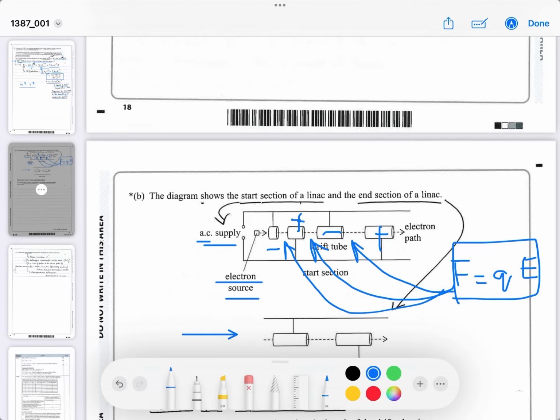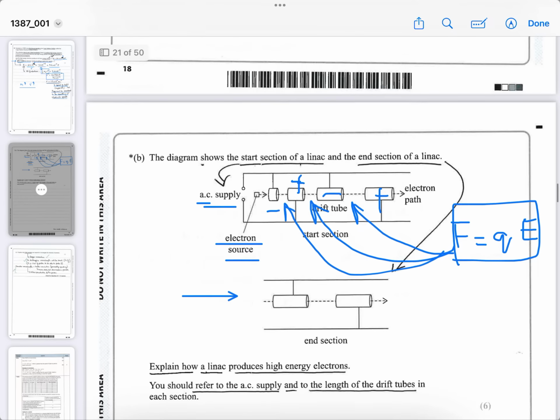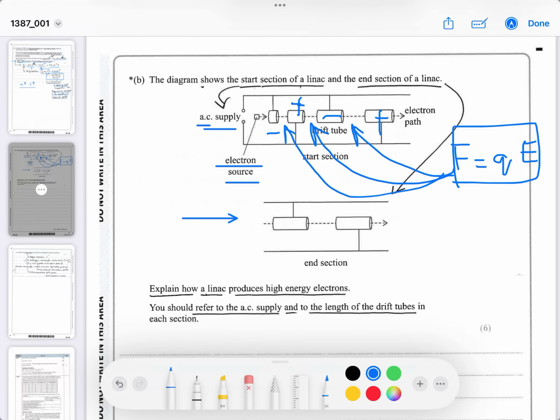So they want you, in this question, to explain what I've just explained to you. Explain how a linear accelerator produces high energy electrons. Obviously they go in with zero velocity, and then they gradually get faster as they come through the different tubes. So in your answer you should refer to the AC supply like I did, and to the reason why the length of the drift tubes needs to increase as the electrons go faster.